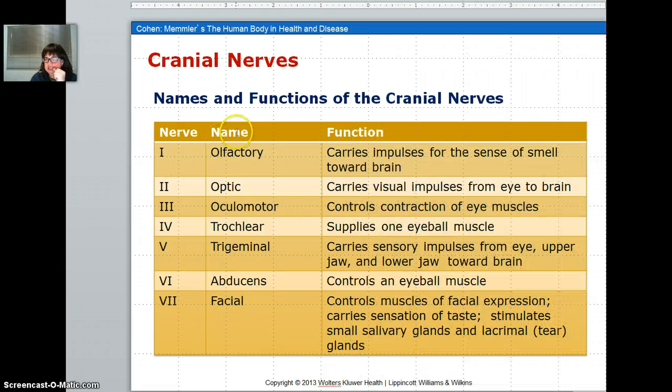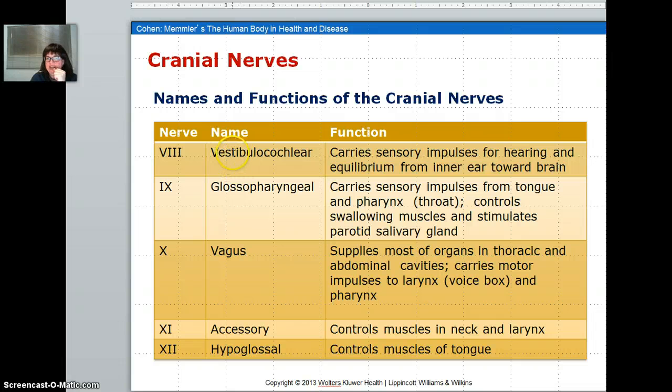When you get to the second set, you have vestibulocochlear. The vestibule is part of your inner ear involved in equilibrium, and the cochlea is used for hearing. So if you think what vestibulocochlear means, you have hearing and equilibrium.